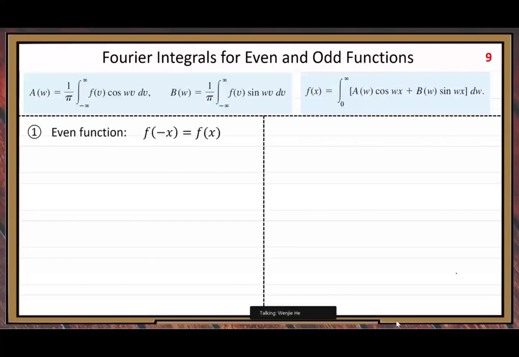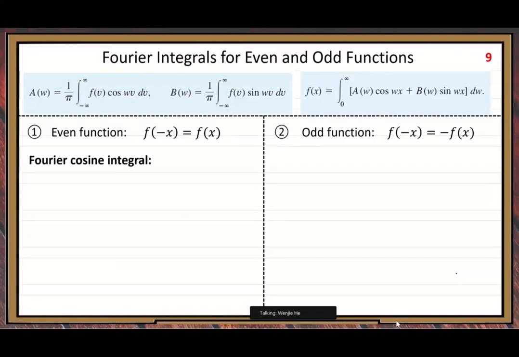For the even function, we know the sine part is gone. For the odd function, the cosine part is gone. So for the Fourier cosine integral, where f is an even function, we just have this cosine component.